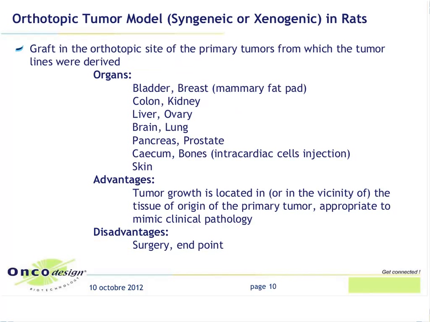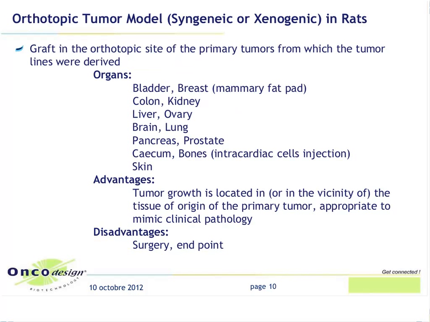On the scale of refined tumor models, there are orthotopic tumor models. Contrary to subcutaneous tumor models, in which the tumor grows in a non-natural site, a more refined model is to implant tumor cells or tumor fragments in the site of the primary tumor from which the tumor cell line is derived.